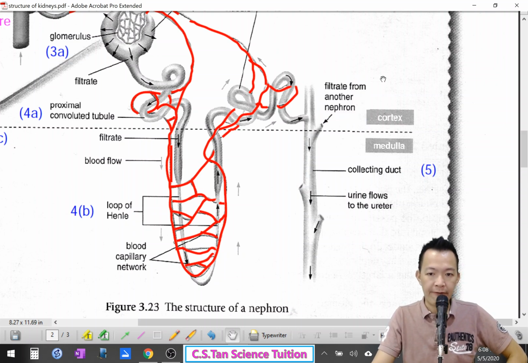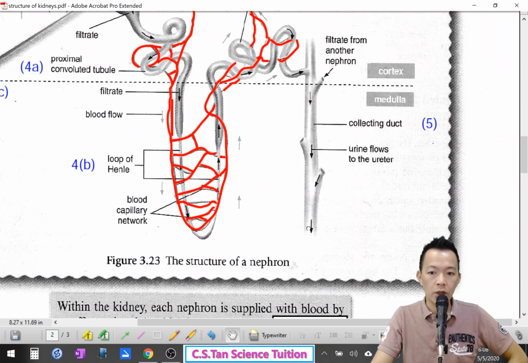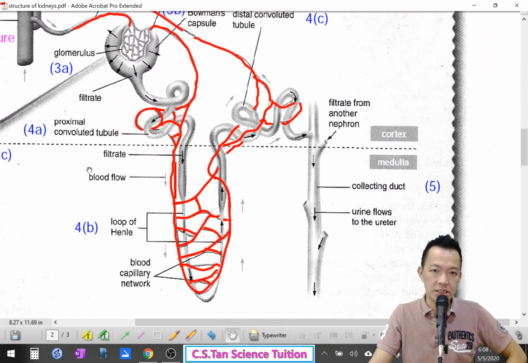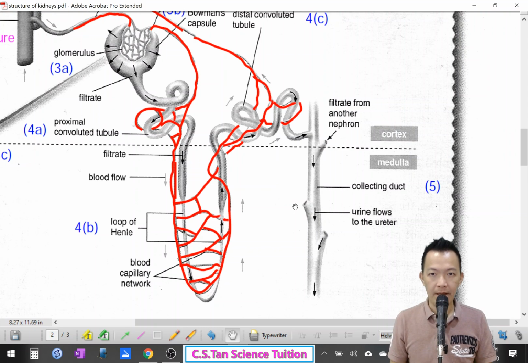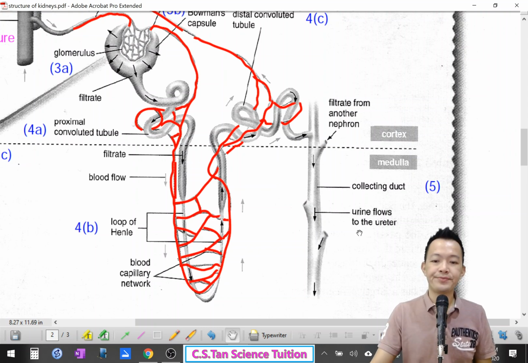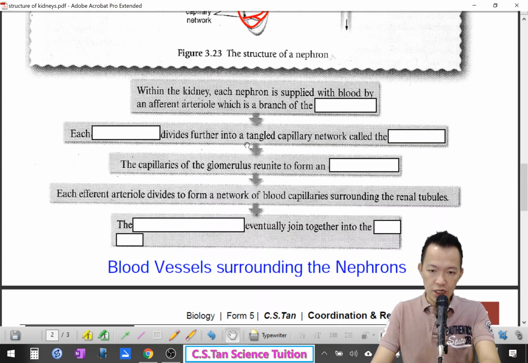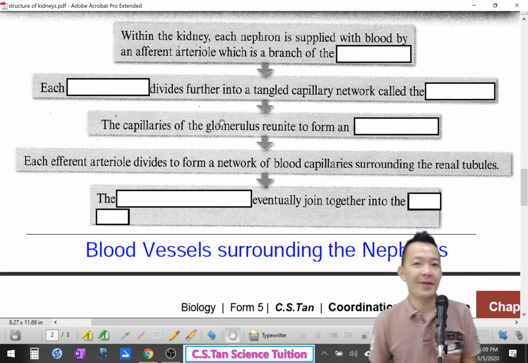So filtrate from other nephrons will join together and go to the collecting ducts, and the collecting ducts send the filtrate to where? Ureter 输尿管, and finally to the bladder 啦，然后送去膀胱. Okay, so this is just one unit only 啦，其中一个单位，肾单位, and we call it a nephron. Okay, 肾单位.